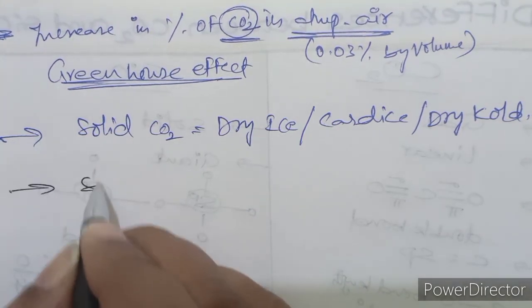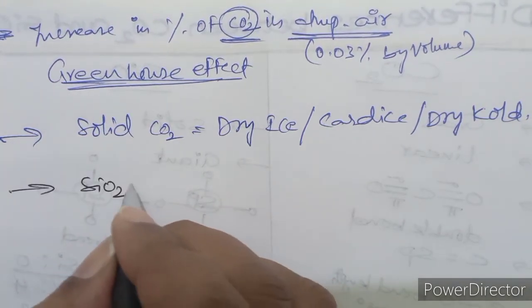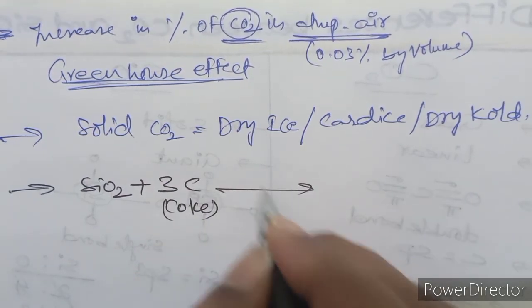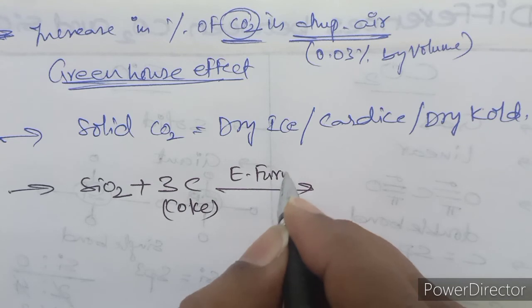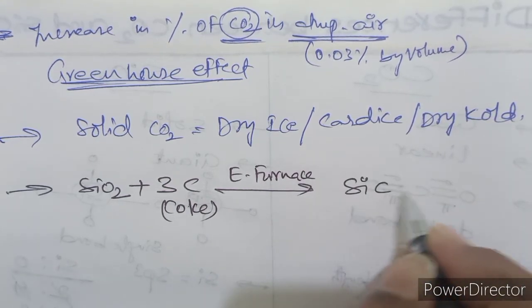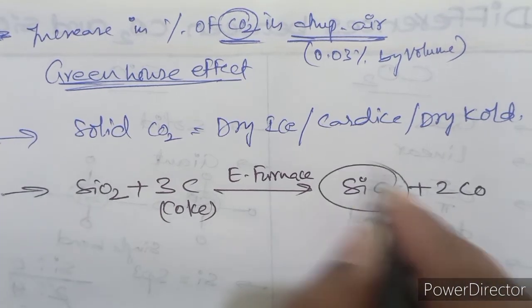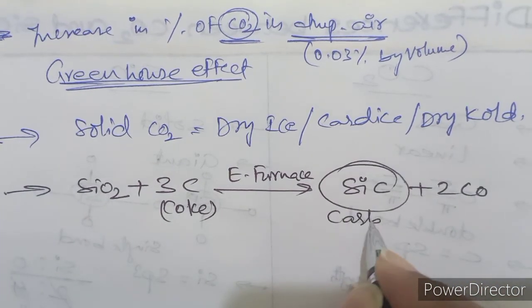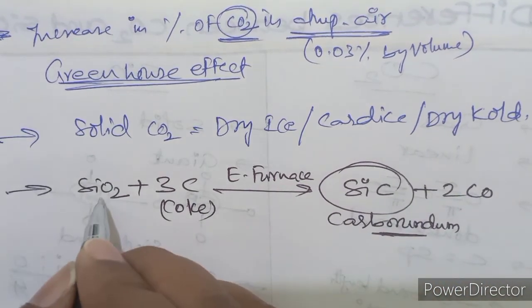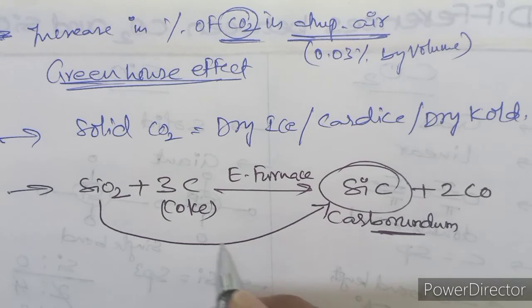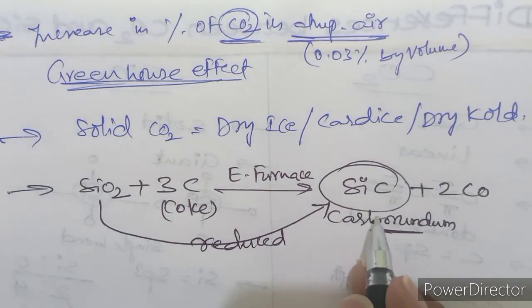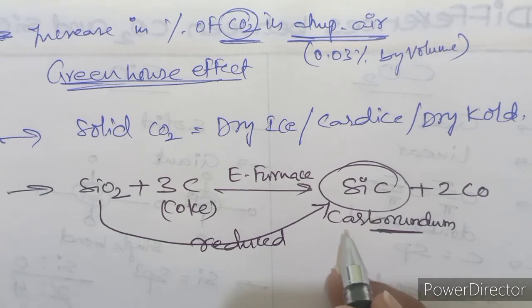Whereas SiO2, on strong heating with coke in an electric furnace, is reduced to silicon carbide. This silicon carbide is called carborundum.